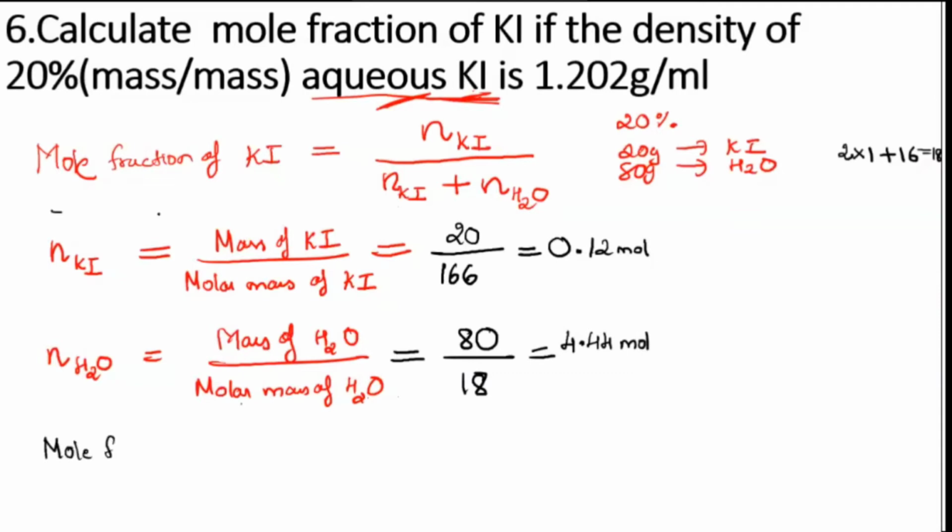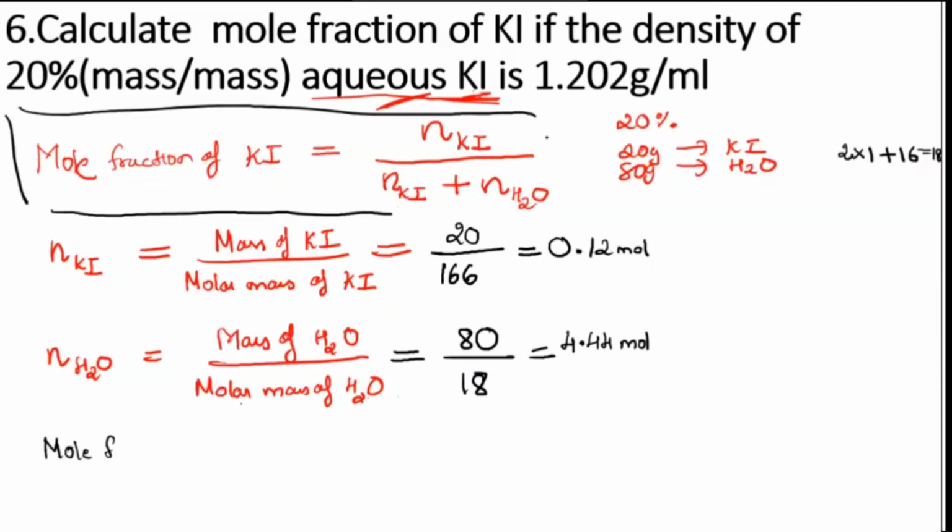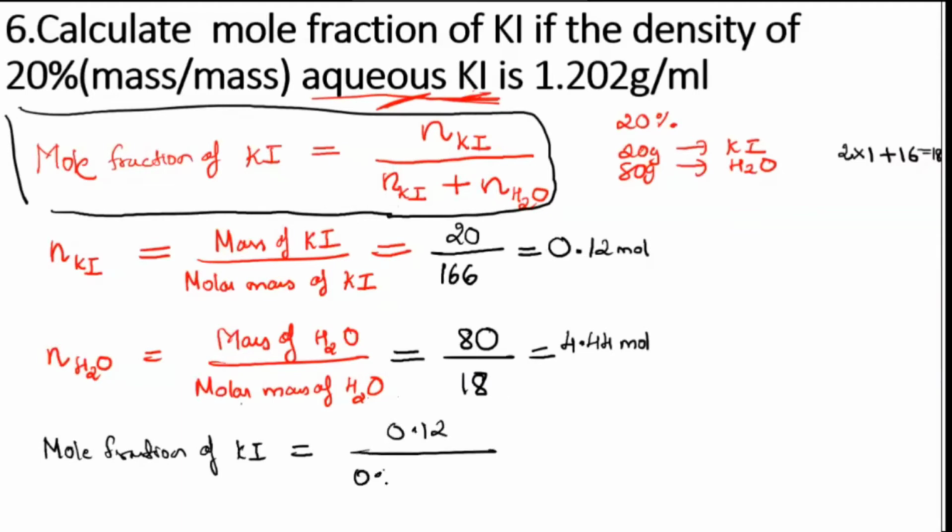So the mole fraction of potassium iodide is equal to, I will directly substitute, 0.12 divided by 0.12 plus 4.44, which is equal to 0.12 divided by, when you add this up, you will get this much.